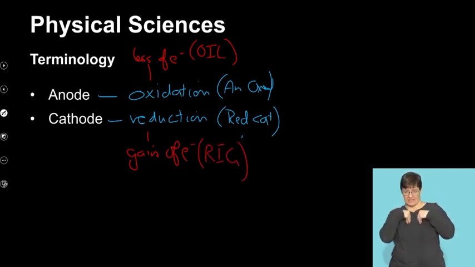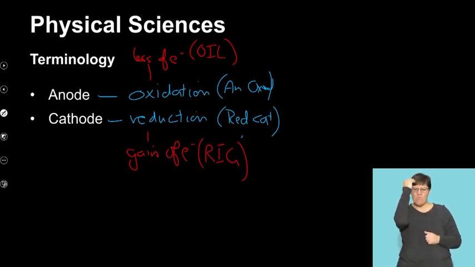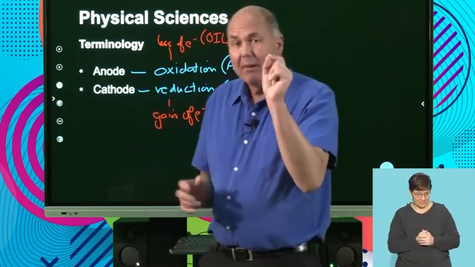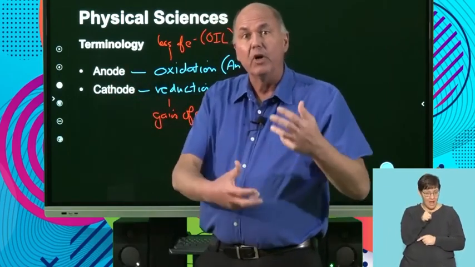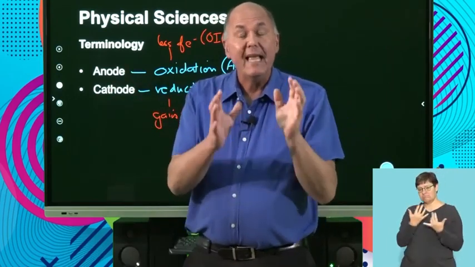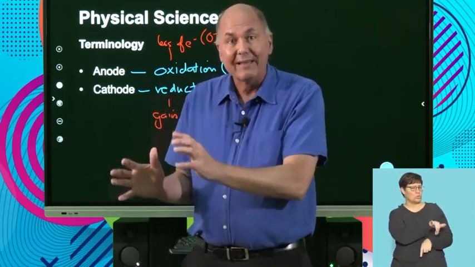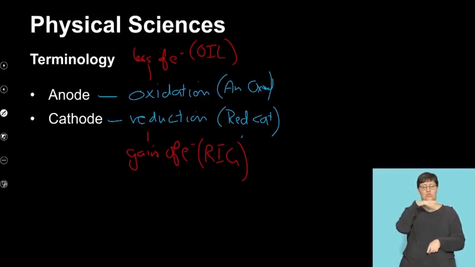If you remember these little memory tricks, it will certainly help you to analyze and to recognize where things are happening. So let's apply this knowledge to try and work out which is the anode of an electrolytic cell and which is the cathode of an electrolytic cell.